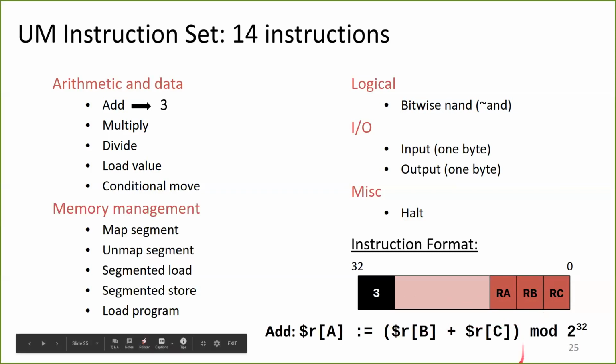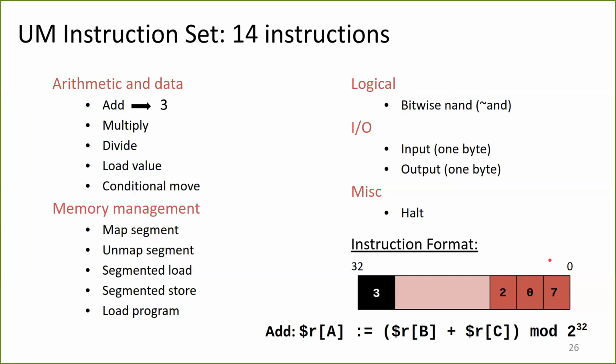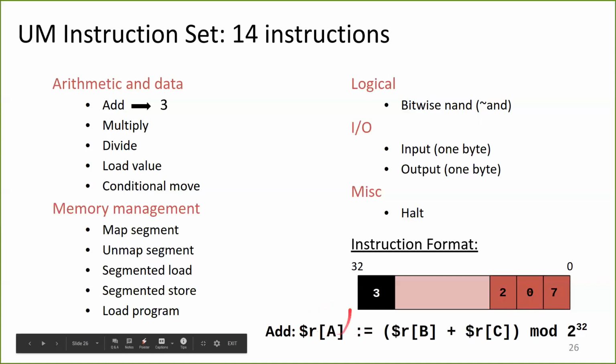So add all those bits together and store that result mod 2 to the 32nd in the result register. So if this instruction had binary values in these 3 locations that corresponded to the numbers 2, 0, and 7, so this one was 0, 1, 0, 0, 0, 0, and 1, 1, 1, encoding the numbers 2, 0, and 7, what this means is that RA should actually be register number 2, RB is register 0, and RC is register 7.